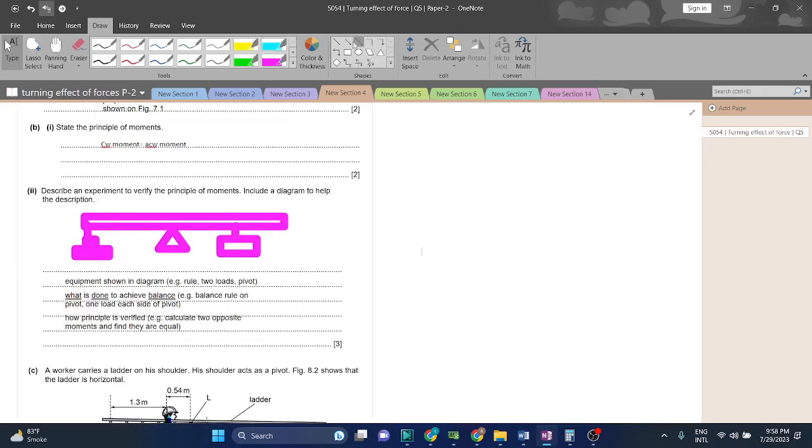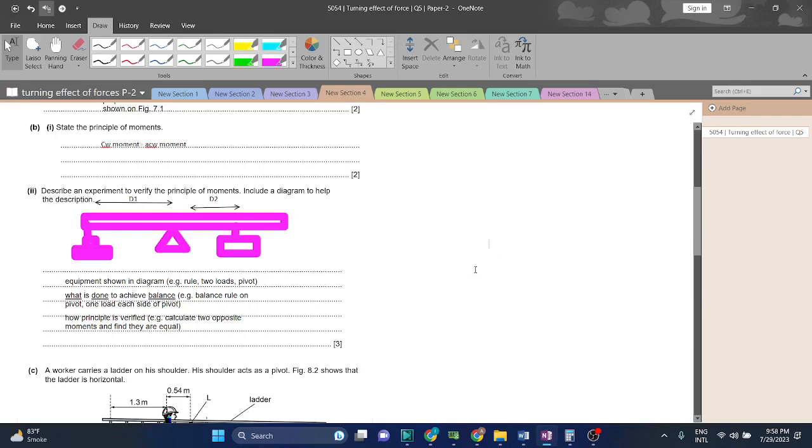So let's see this. We name this D1 and this D2. Clockwise moment must be equal to anti-clockwise moment. This is a clockwise moment.